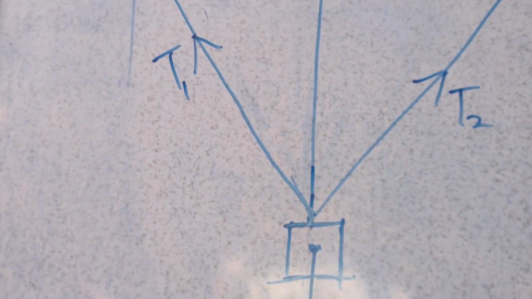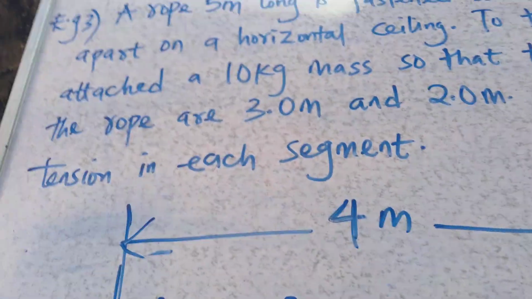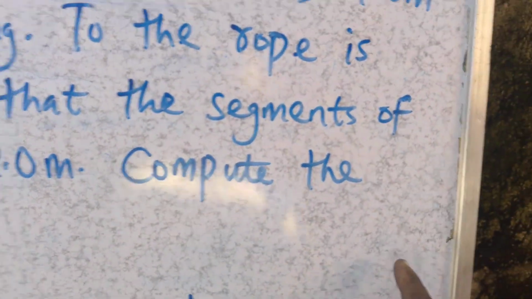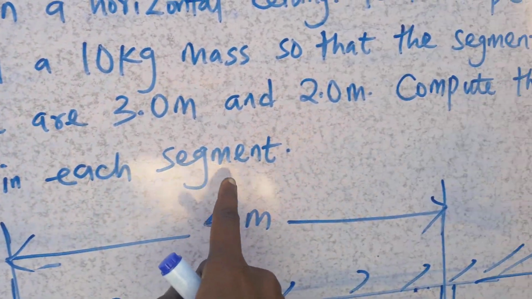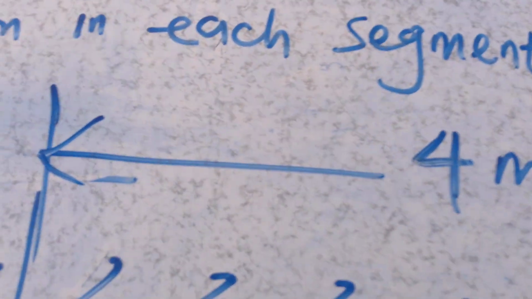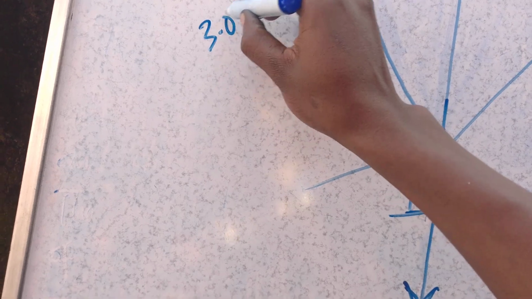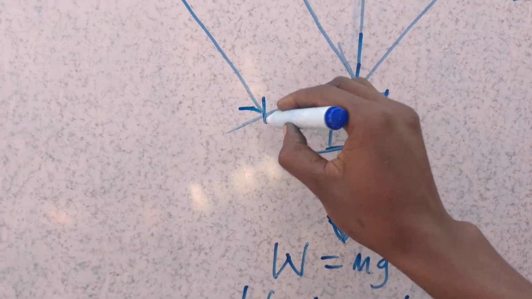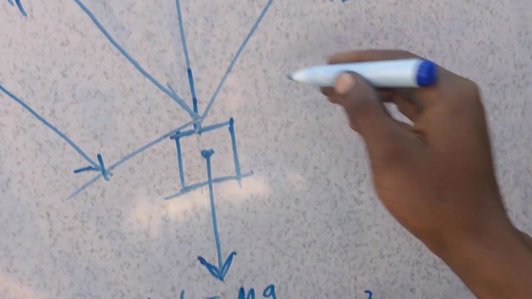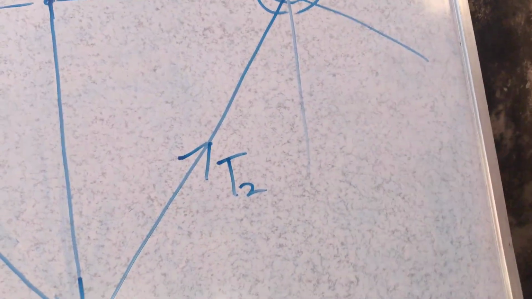All right, and then we also look at this. They said the segments of the rope are 3 meter and 2 meter. So we can take the length of this side of the rope as 3 meter, and the length of this other side is 2 meters.